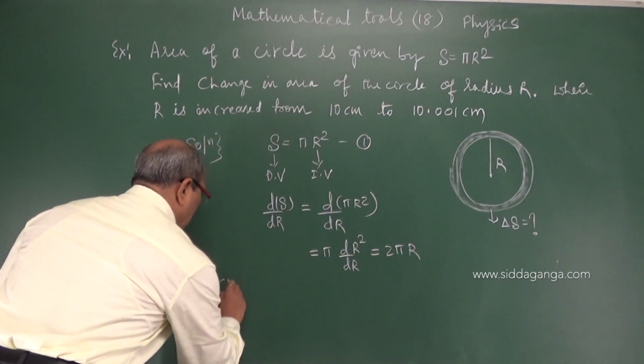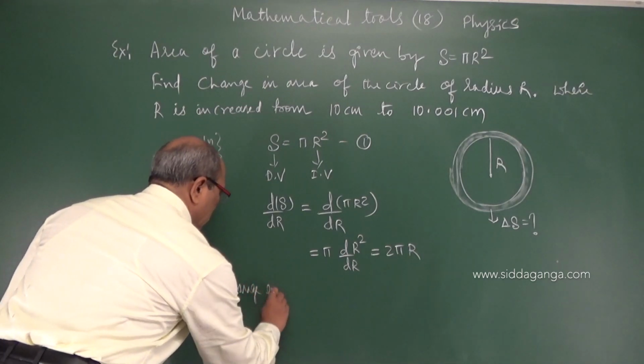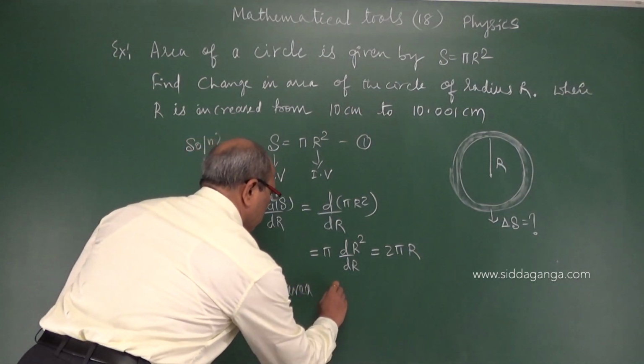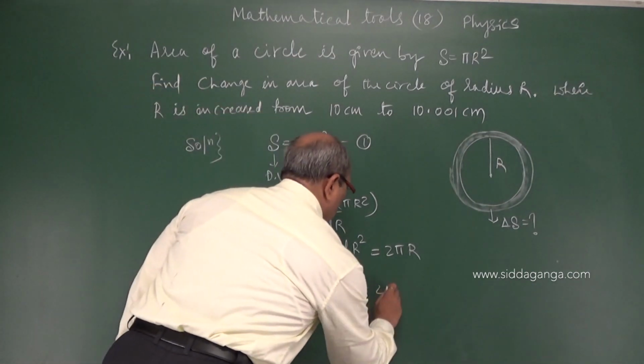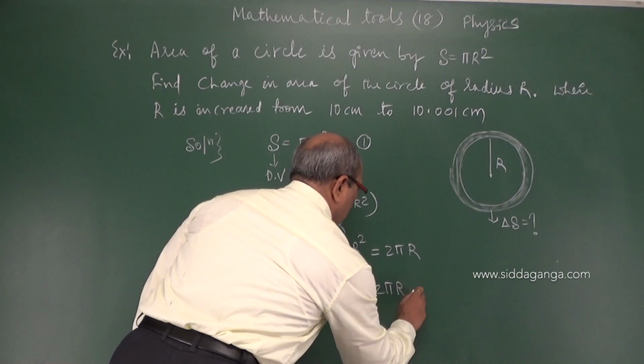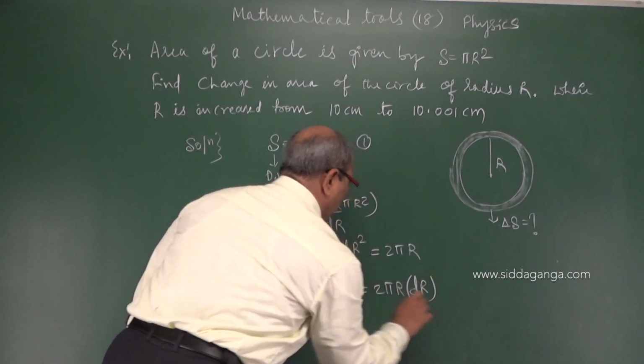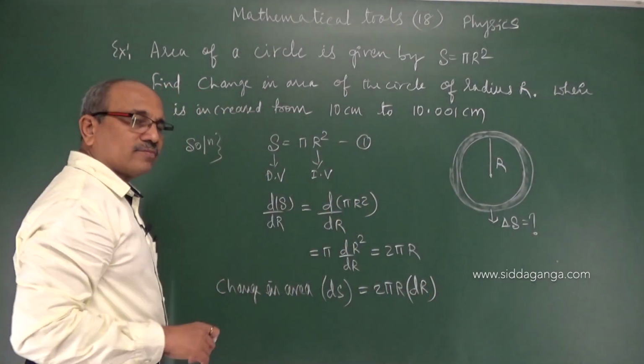But the question is on the change in area, that is dS, which equals 2 pi r into dr. Take dr to the other side.